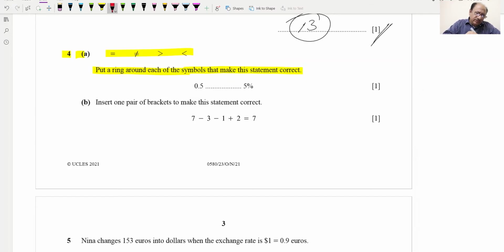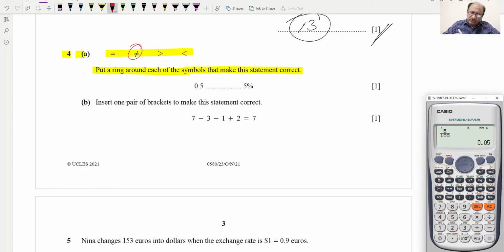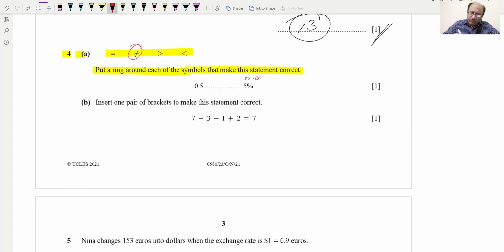So one thing is that they are not equal, right? And the second thing is that 5%, this side is 0.05, so this will be greater than this side. So this symbol will also work. So this will be our answer. Hopefully you understood. This is 1 more question. So basically we have to circle these symbols.